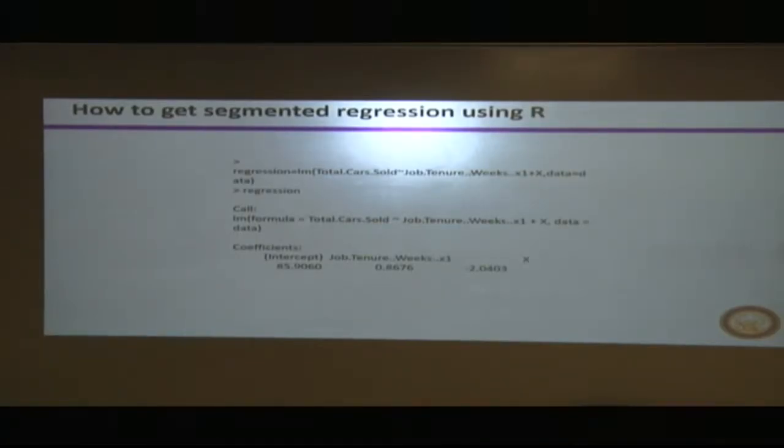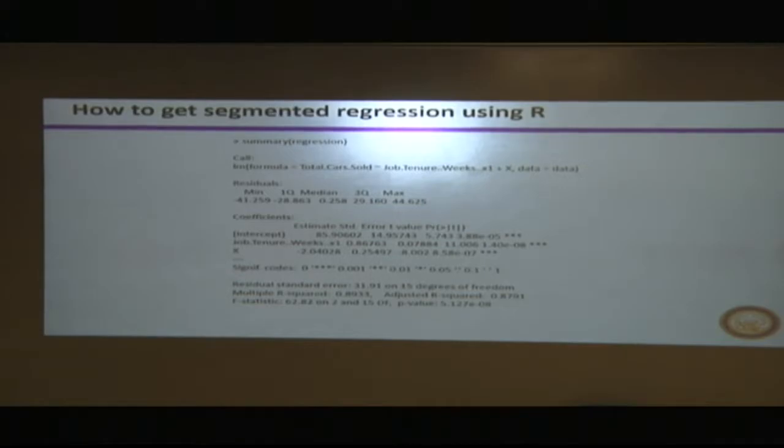And I can run my regression now. I'm going to use a linear model. Y is the total cars sold. X1 is job tenure. X2 is our capital X. And the data is read from the CSV file. So you see we can get the coefficients here.